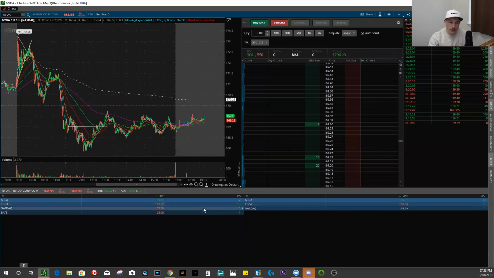The more stories of floors that you have of buyers trying to buy at one specific price makes it harder for the stock price to fall below that specific price because you have so many buyers sitting there trying to buy shares. And if those buyers are outweighing the sellers, then there's a strong chance or indication prices could be moving higher.